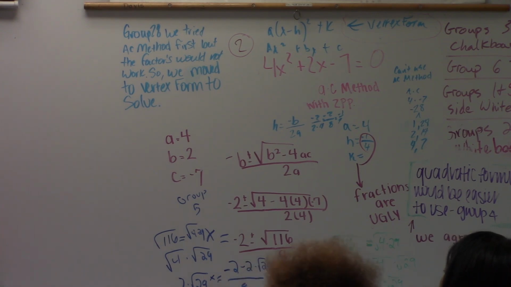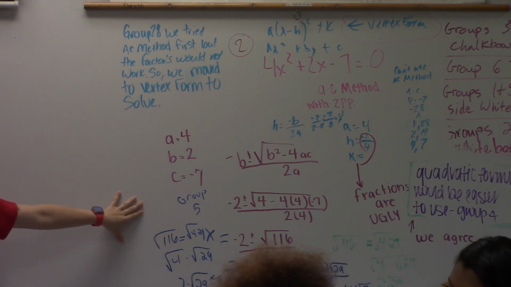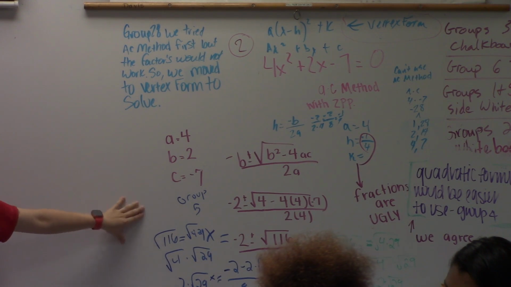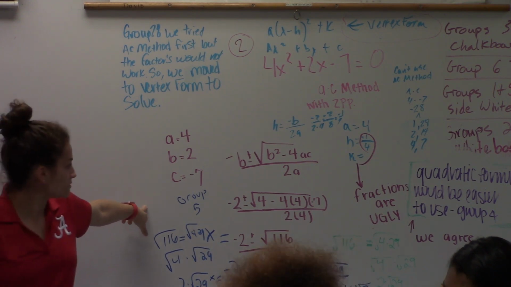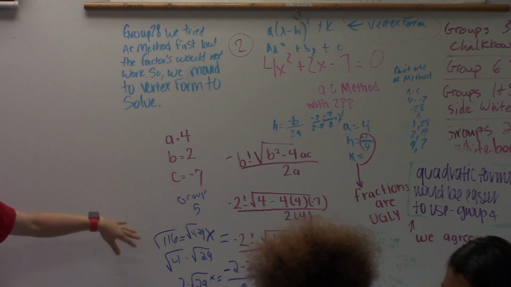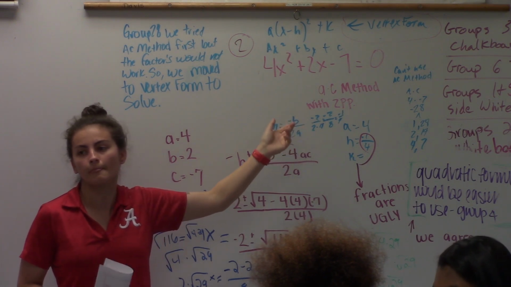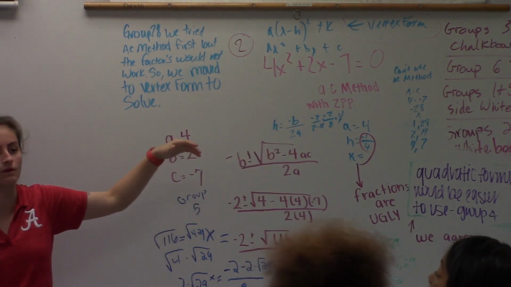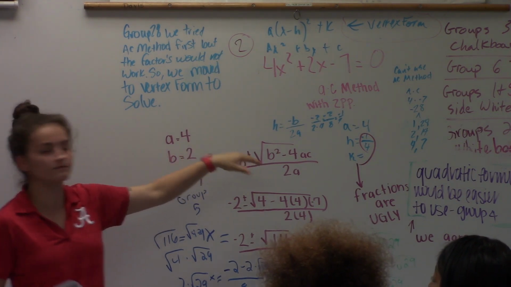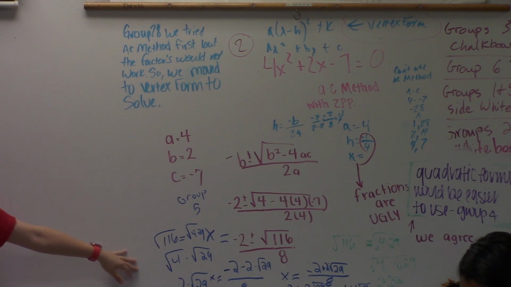It is easy to find a, b, and c, that is true, but is this process more efficient? Substituting values in, is that easier to do if the AC method doesn't work? Yeah, and is vertex form a lot more involved and complicated to find than substituting values in? So do we agree that using the quadratic formula is the most efficient way to solve this one?